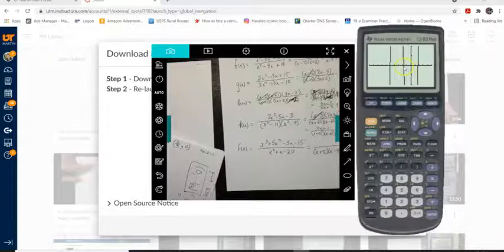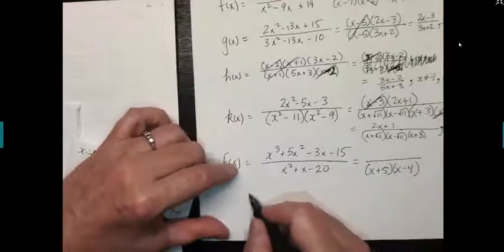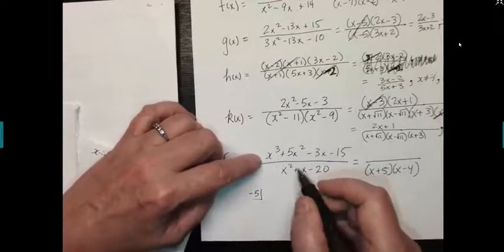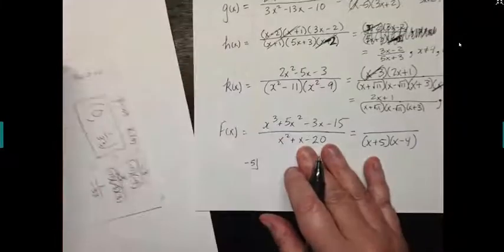So negative 1, 2, 3, negative 1, 2, 3, 4, 5. It looks like we have an x-intercept at negative 5. What good is that? Well, from Math 100, it looks that negative 5 is a 0 of the numerator. So I'm going to test that with synthetic division.